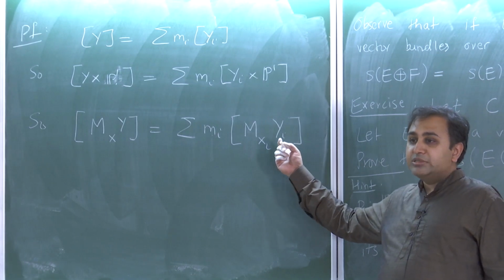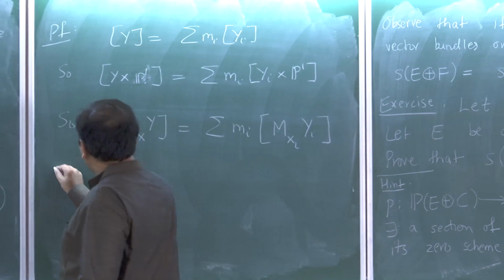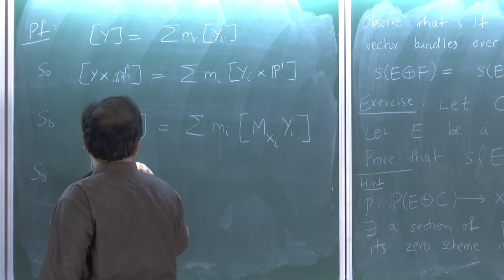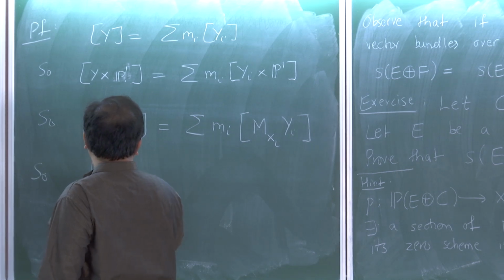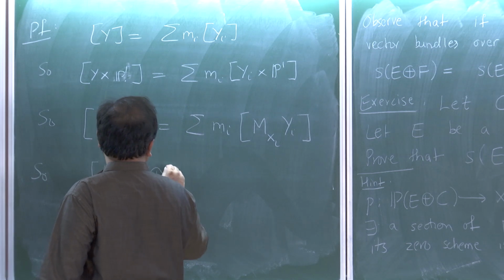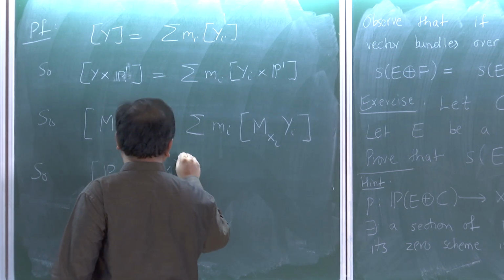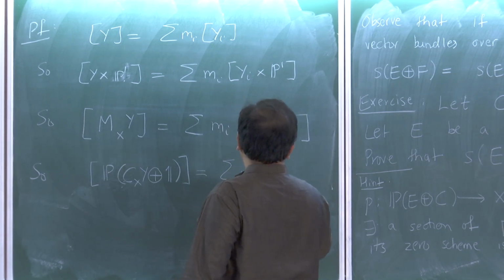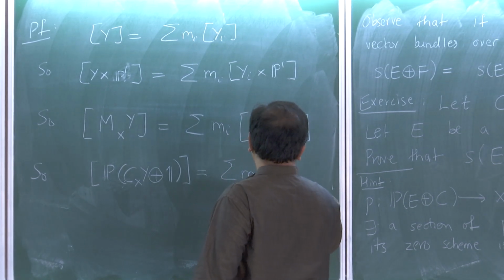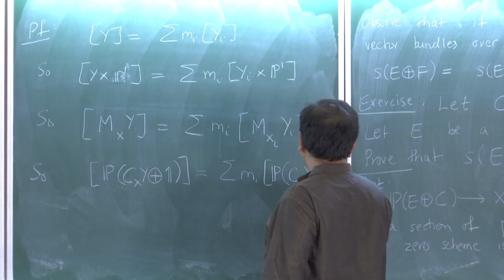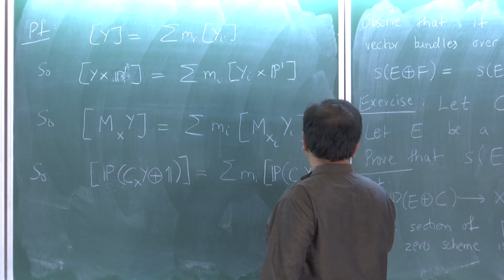Then what happens is that P(C_{X}Y plus 1) equals summation mi P(C_{Xi}Yi plus 1). So I'm writing this as if it's obvious, but it's not actually.